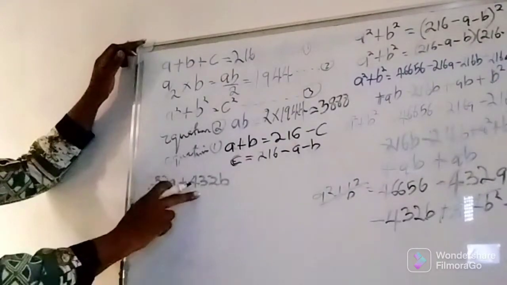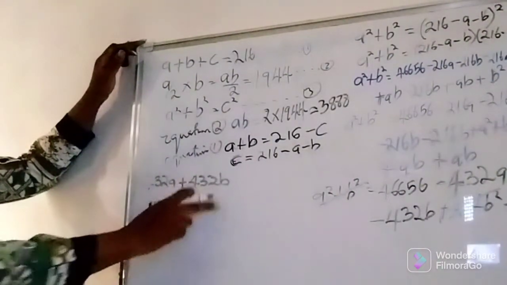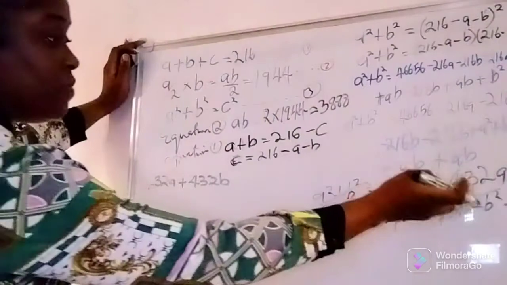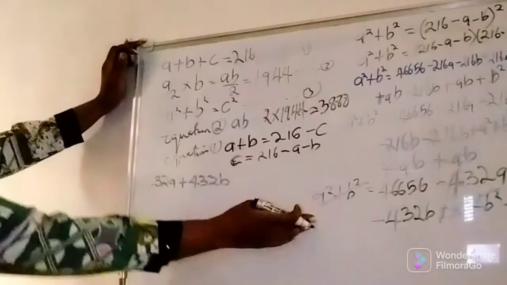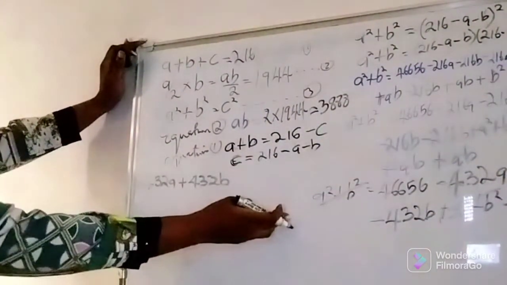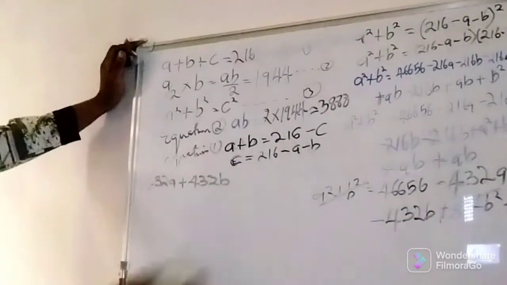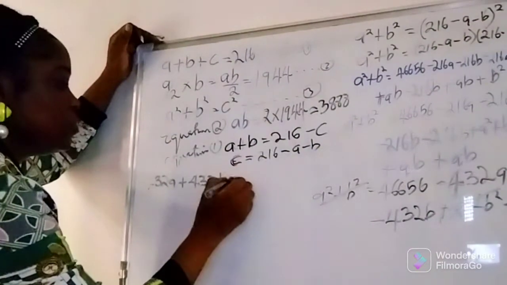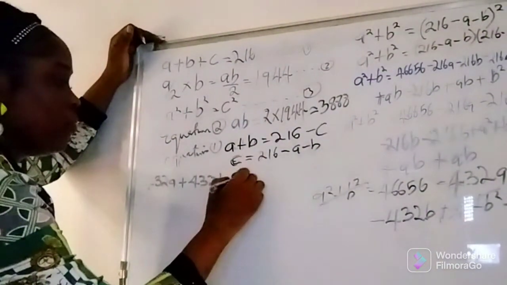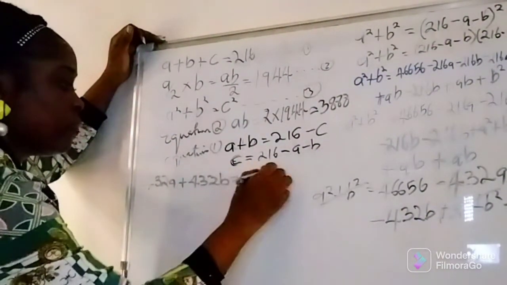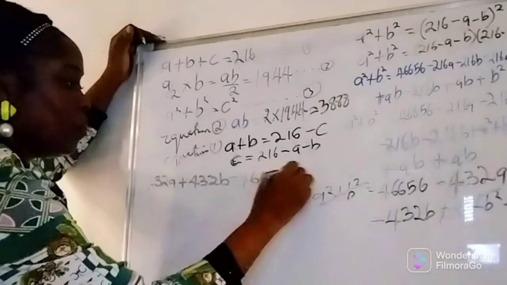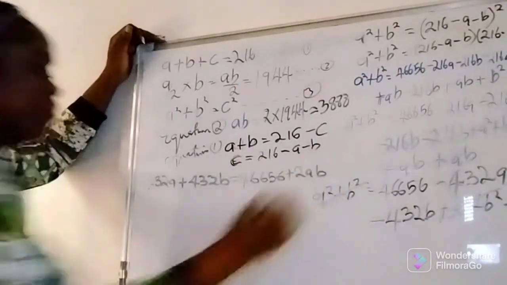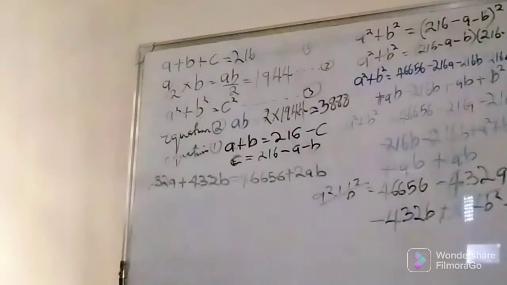It's going to be 432A plus 432B. Remember the former side, I shifted this minus to this side and this minus to this side. So we have 432A plus 432B is equal to 46656 plus 2AB. Looking so beautiful, and I'm positive that we're going to get a perfect solution.